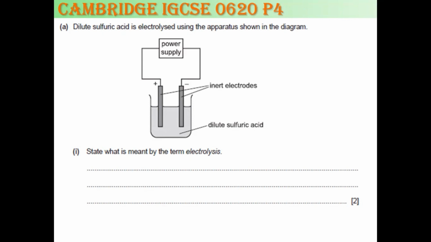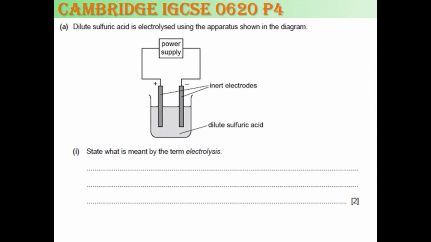Like when they introduce the question, dilute sulfuric acid is electrolyzed, there is the topic word electrolyzed. And then we have the topic word again in part 1 of the question, electrolysis, and then we have the command word.